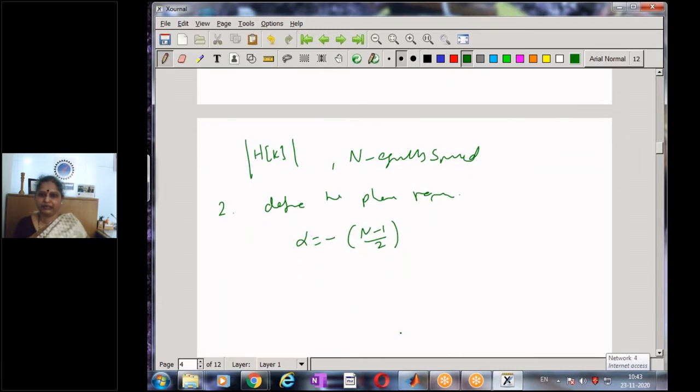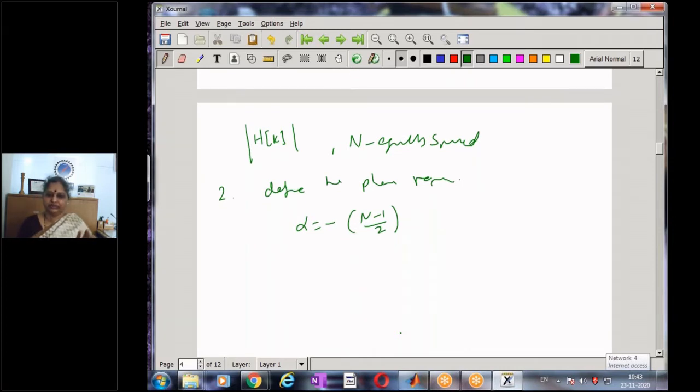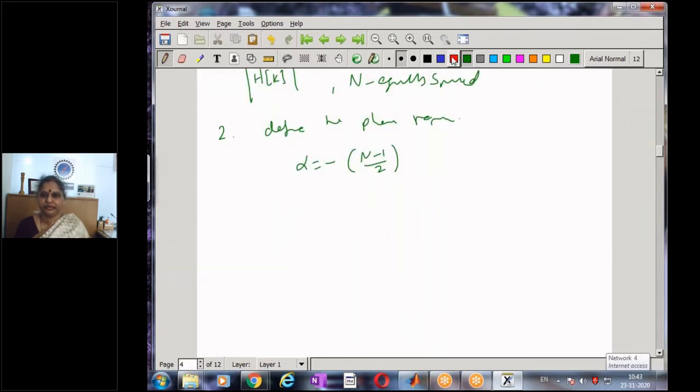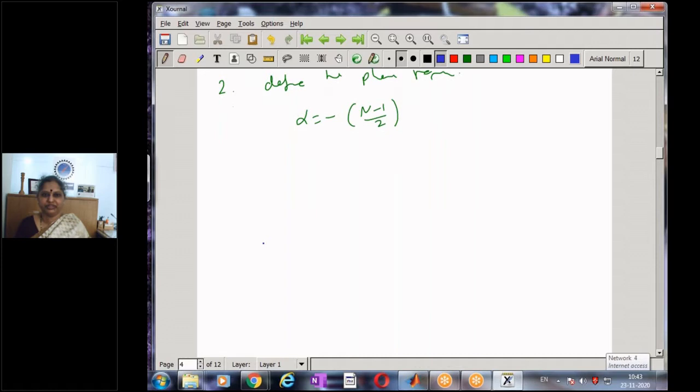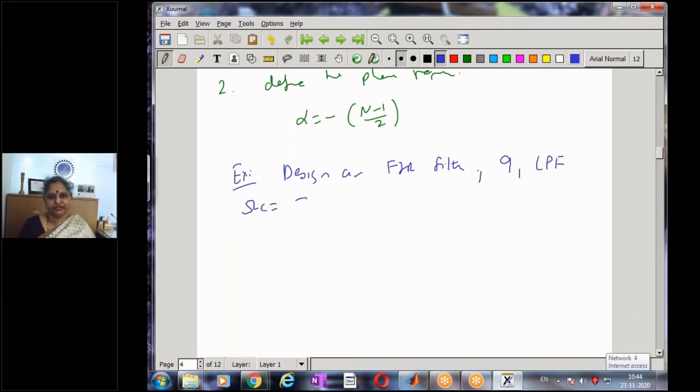So now let's take up an example. Say the problem statement: design an FIR filter of length 9, a low pass filter with the cutoff of pi by 4, which is nothing but 0.25 pi.